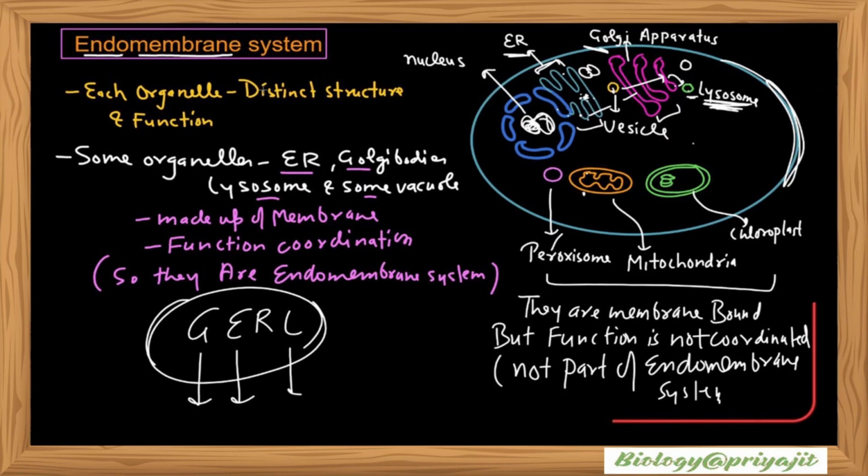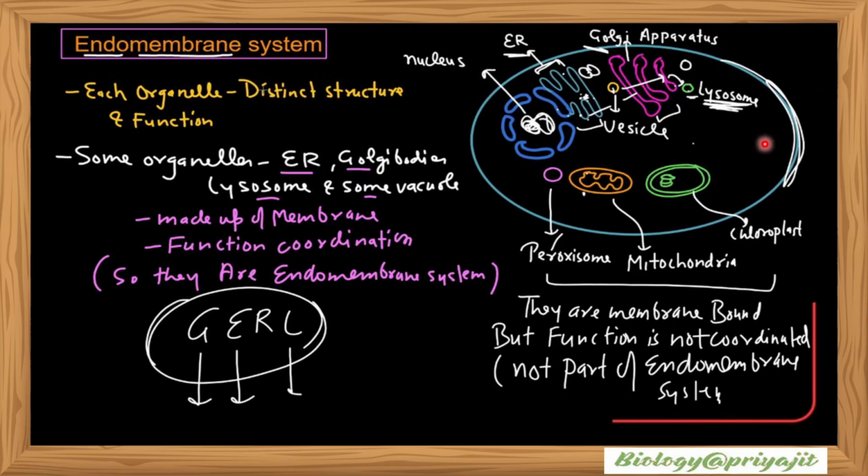They have functional coordination among them, so they are called the endomembrane system. They are GERL: G for Golgi body, ER for endoplasmic reticulum, and L for lysosome. All of them have membrane-bound structures, and they coordinate in their functions.